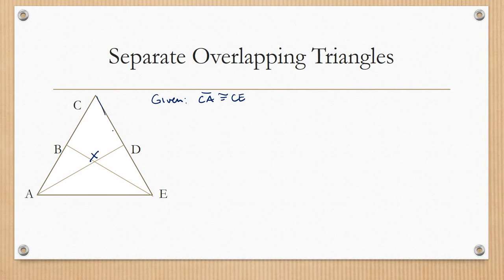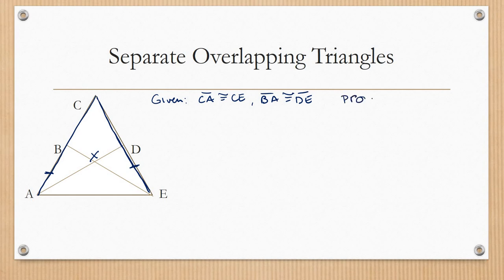And these are these two big sides. It's hard to put a congruent mark on these because if I put it up here, it'll look like CB and CD. So I'm just going to draw them in for now. I'm also given that BA is congruent to DE. So that's this little one and this little one.